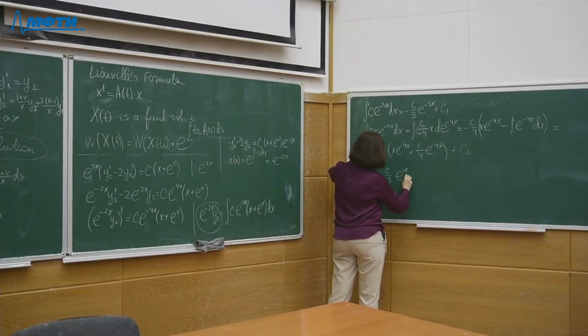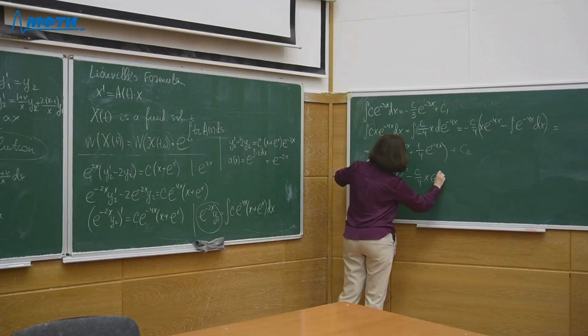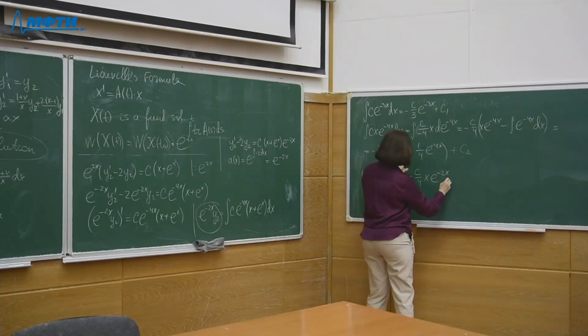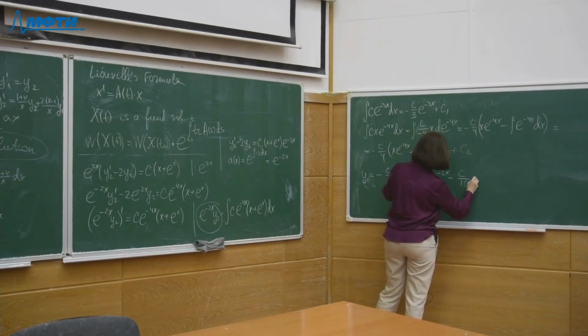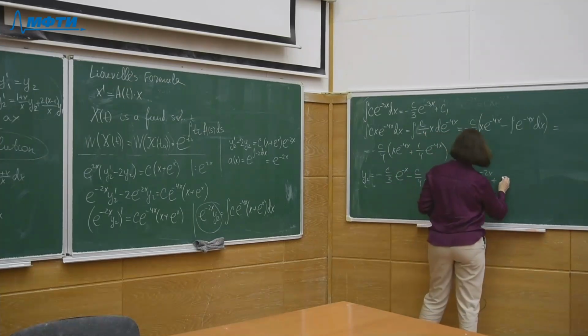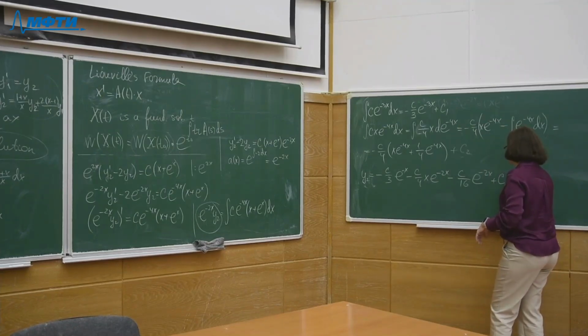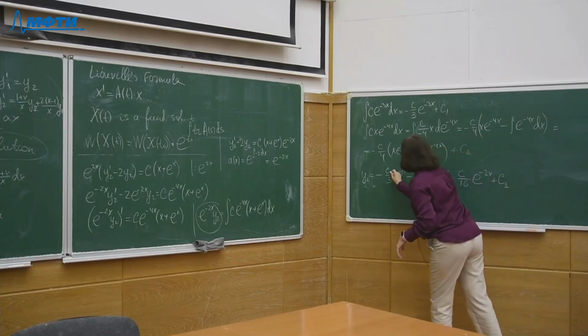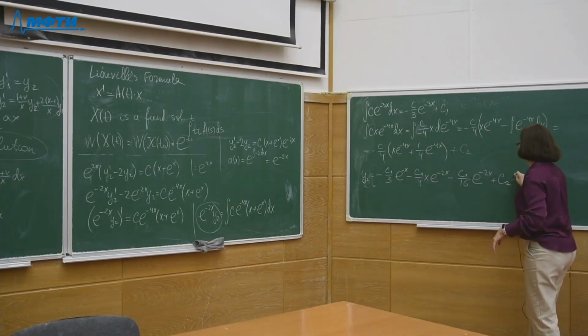Next, minus c fourth x e^(-2x) minus c over 16 e^(-2x) plus the constant c1, and c2 multiplied by e^(2x).